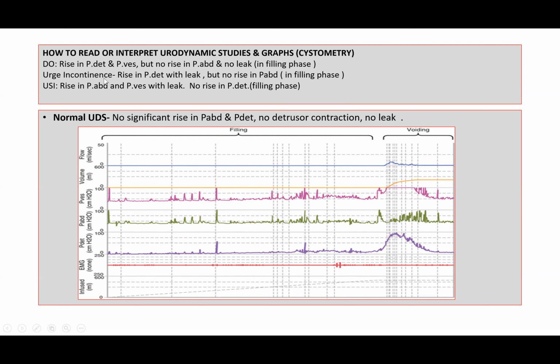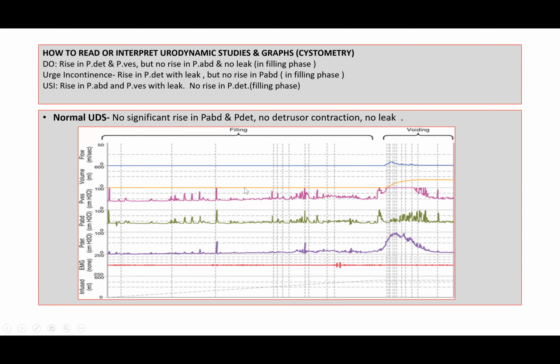Then urge incontinence is where there is a rise in detrusor pressure with leak, but there is no rise in abdominal pressure. Urodynamic stress incontinence is when there is a rise in abdominal pressure and the vesical pressure with leak. There is no rise in detrusor pressure. And all this we have to assess in the filling phase.